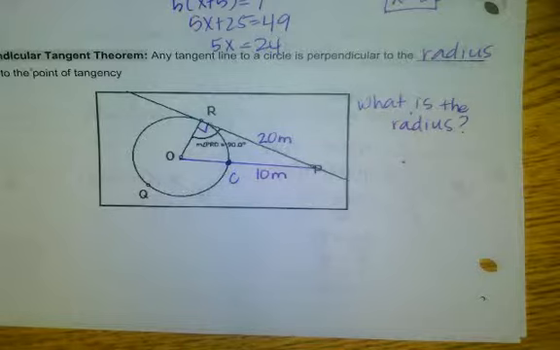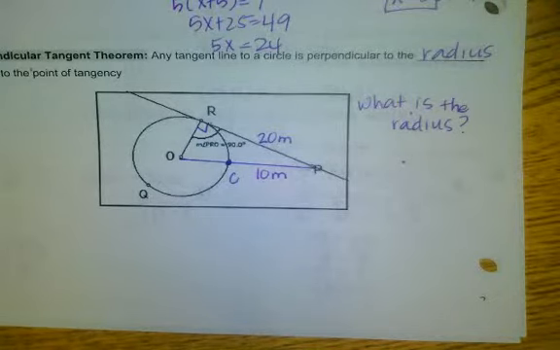We can't use trig because we don't have any of the acute angles. Which measurement represents the radius? OC and OR. Are they the same measure? Yes.